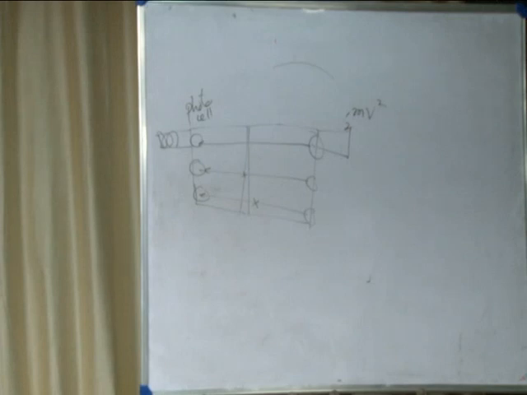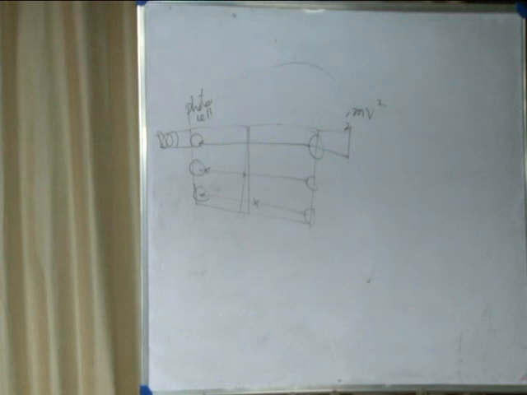So, there are many applications of photocells. Even in newspaper factories they are used to count the number of papers. Earlier they used mechanical devices, and these mechanical devices would wear out.